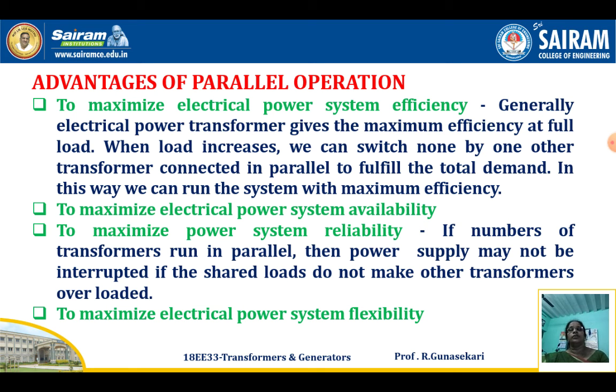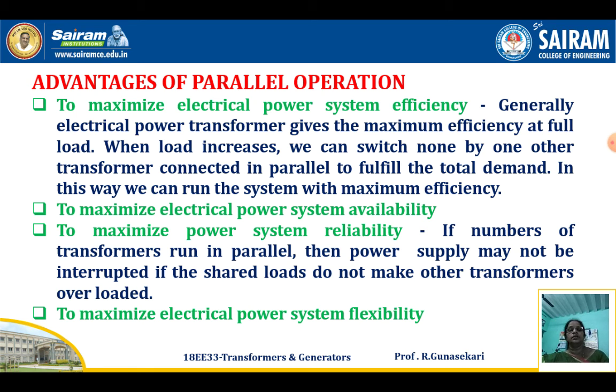Generally, the electrical power transformer gives maximum efficiency at full load only. Suppose the load increases, then we can switch on, one by one, other transformers connected in parallel to fulfill the total demand. So we can run the system at maximum efficiency because several transformers are connected in parallel, that means more than one transformer.